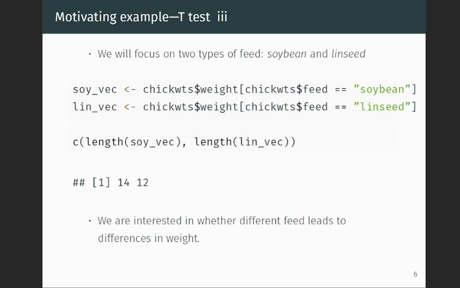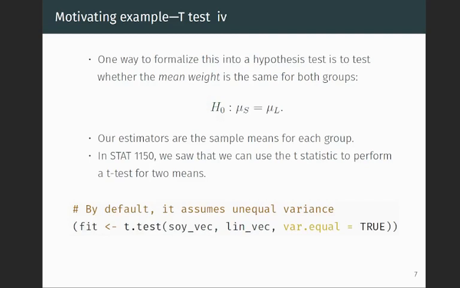And again, we're interested in whether different feed leads to differences in weight, specifically for these two types of feed. One way to formalize this into a hypothesis test is to test whether the mean weight is the same for both groups. And this is what we typically do with the t-test.